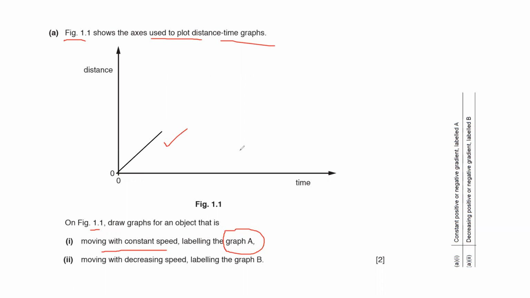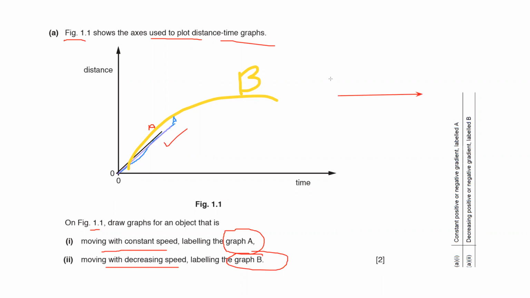Yeah, that's right. When we have a distance-time graph for an object moving at a constant speed, it will be a straight line. And what about the second one? For an object moving with decreasing speed, label that as graph B. If the speed is decreasing, the slope will decrease.